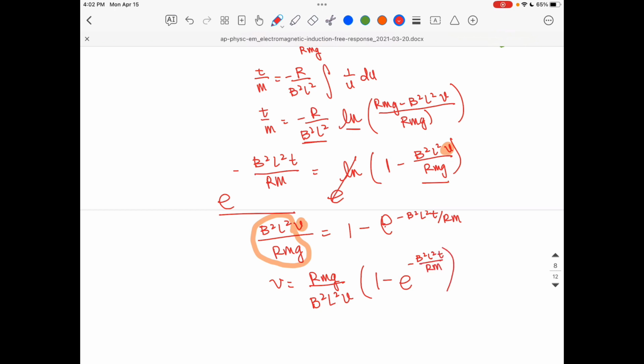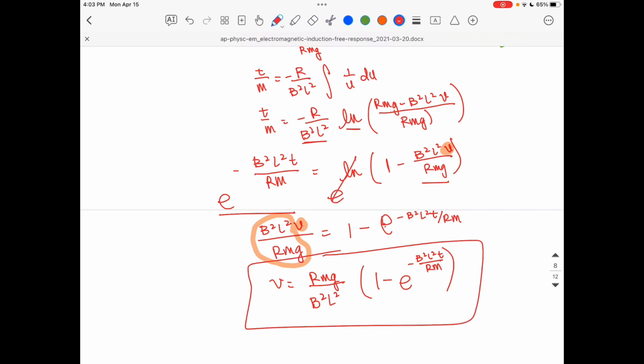And, oh, I included the v when I was supposed to isolate it. So that should just be a denominator of B squared L squared. And then everything else looks good.